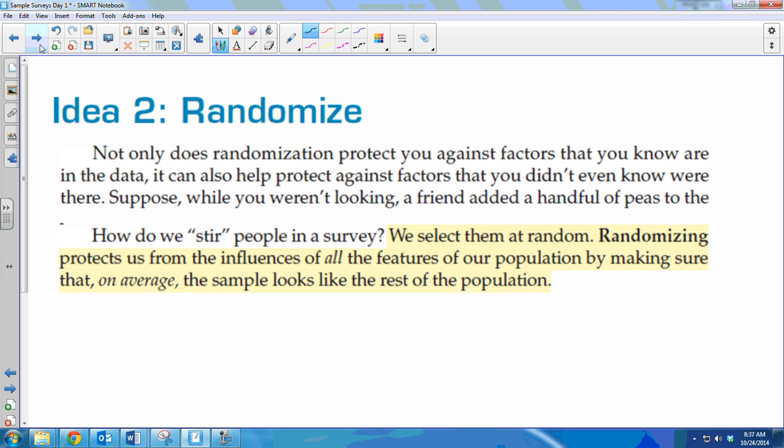So they may get a cell phone or a landline, so they're still able to get a representative sample, hopefully, if you answer their questions. So randomizing helps you look at the population on average. Again, I keep saying this over and over again because it's the most important piece of these surveys: somehow you randomize.